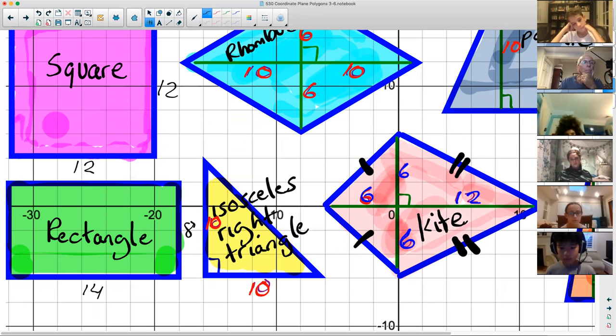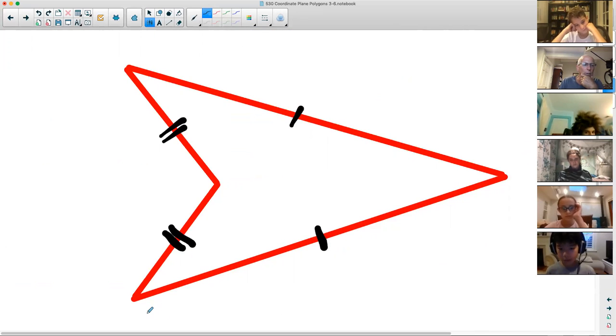Now, there's something very special about kites. What is special about them that is only true about one other shape? There's something really special about kites that is only true of one other shape.